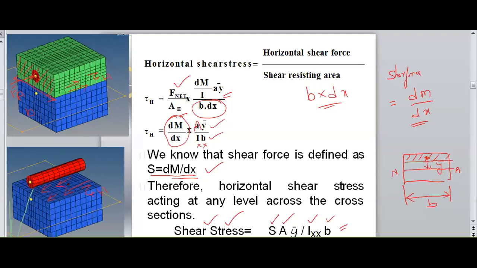So this is the only equation in this chapter.